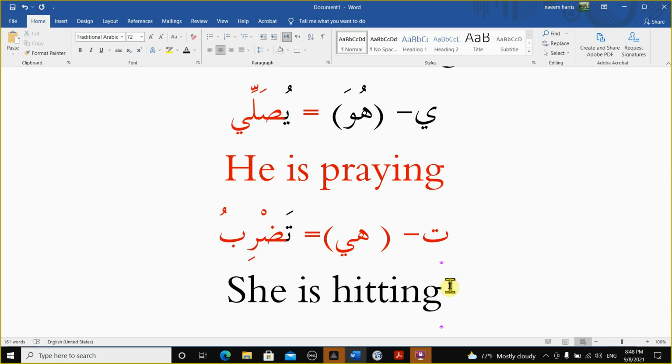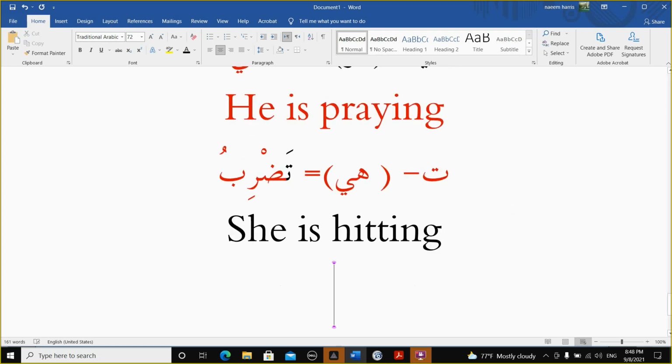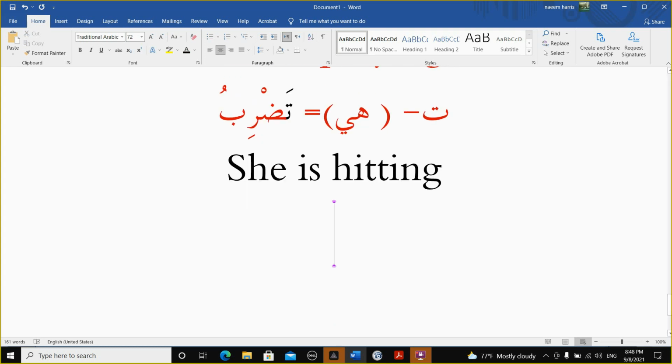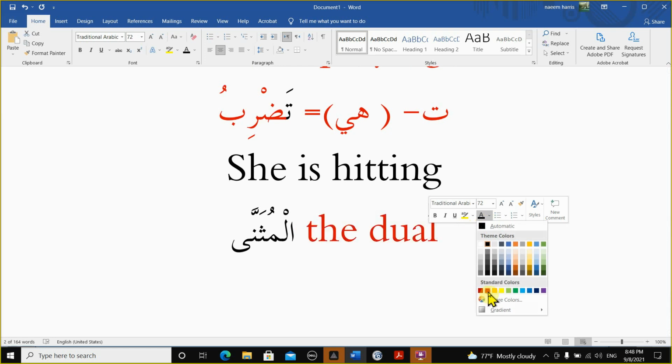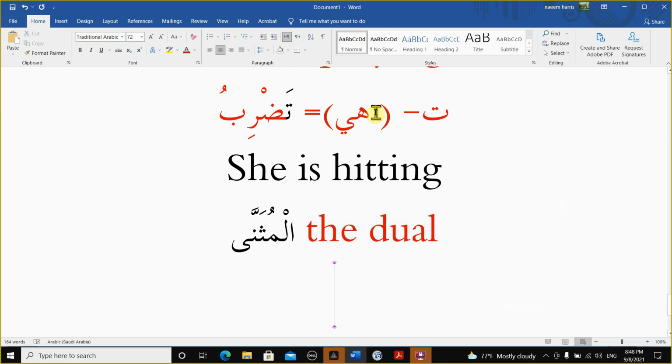Then you come to the muthanna, the dual. In the dual, in the madari, you're only going to see two letters, and they are ya and ta.